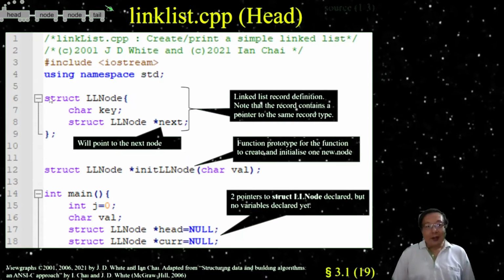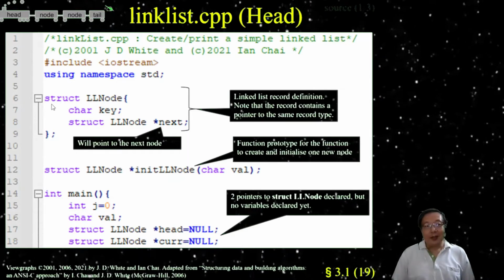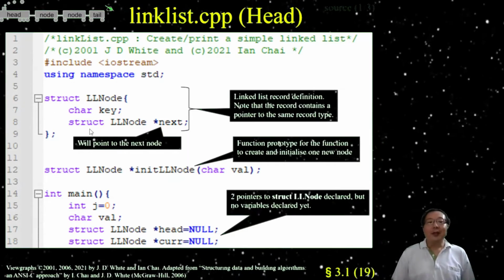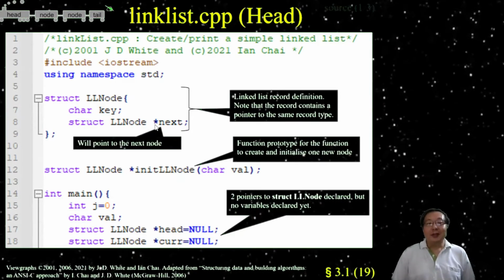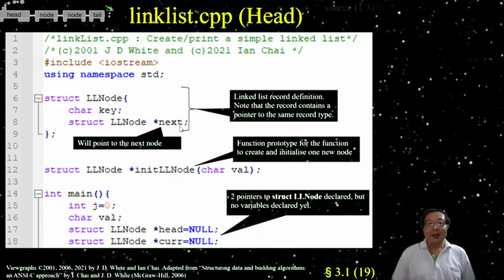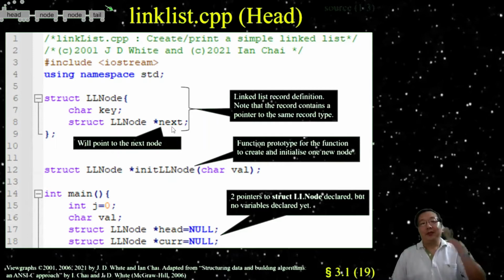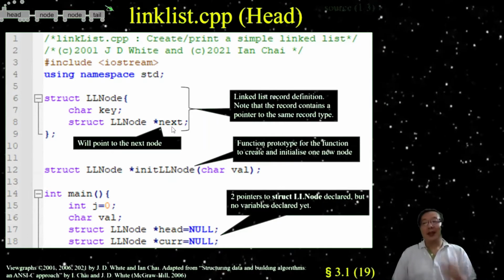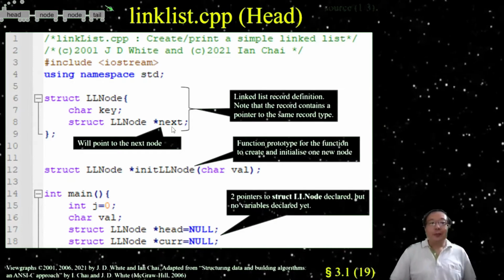The pointer is of the same type as the record. The record is called struct ll node. The pointer is also struct ll node, but a pointer. The star there tells you it's a pointer, and we call it next. Why? Because it's going to point to the next node in the linked list. It is like your link going to the next node.